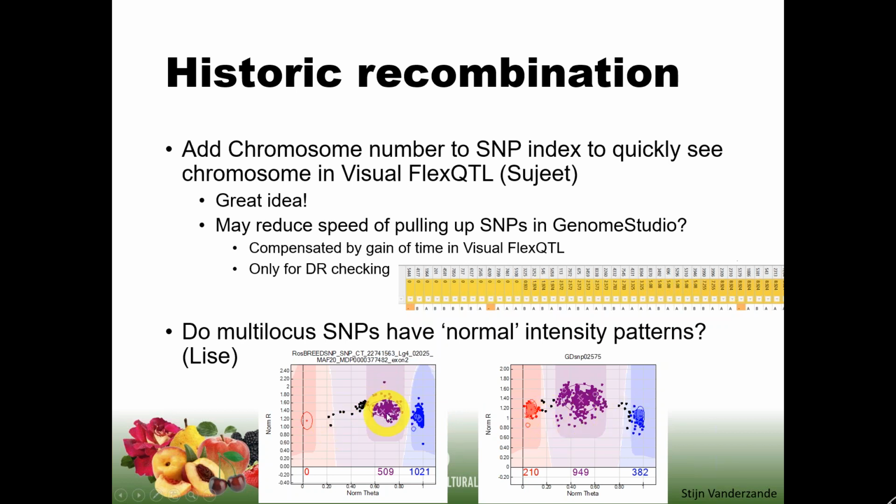So these are two plots for multi-locus SNPs that I've seen the most. One is where everything is squeezed together, and that can be explained if the second locus that you're looking at is most of the time homozygous. If the second locus is most of the time BB, then BB individuals will also have that second locus bind and still have more BB, so they will still look like BB.